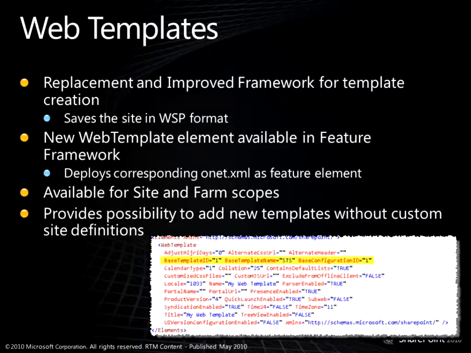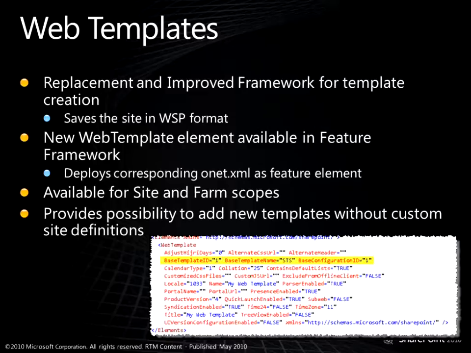In the example, we define the alternative web template, which is based on an empty site definition. We can see this from the base template name and from the base configuration attributes. This also means that this information is set as the template information for the SPWeb object created based on a web template. So even though we are using alternative provisioning instructions, we are binding the site only to an out-of-the-box definition.